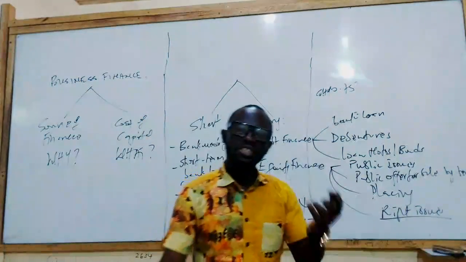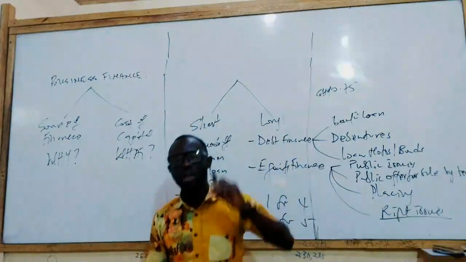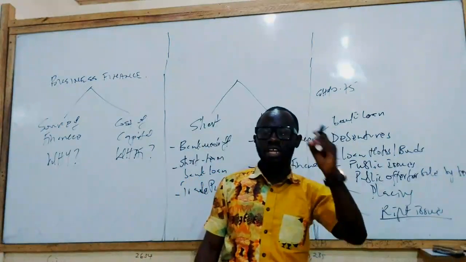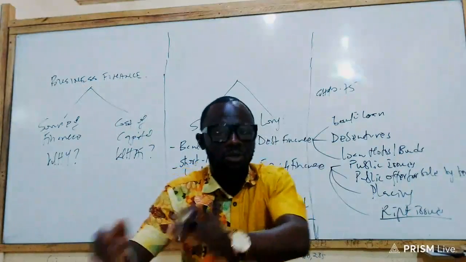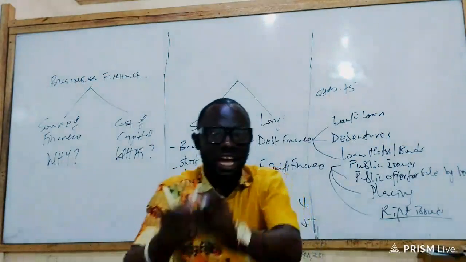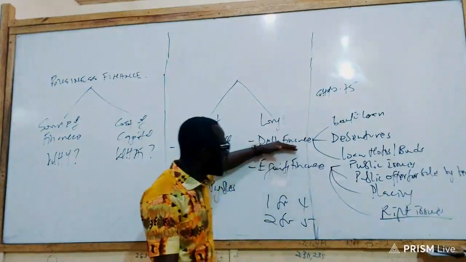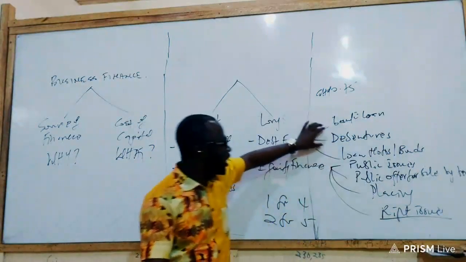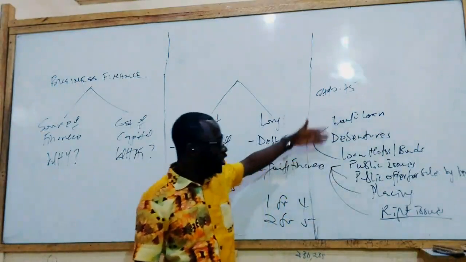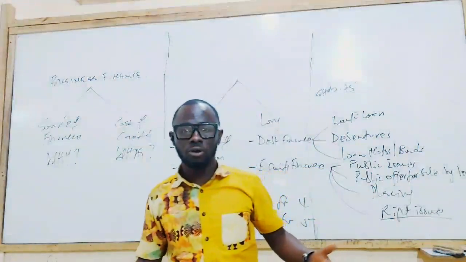Debt finance is prioritized over equity finance because debt finance is tax deductible. Debt finance can be a long-term bank loan, debentures, loan notes and bonds.